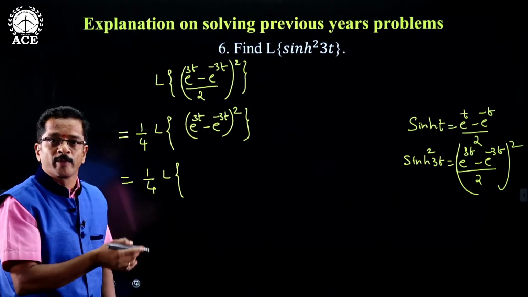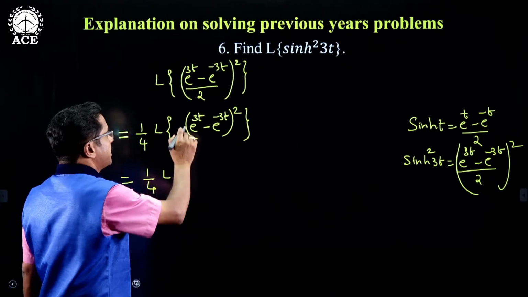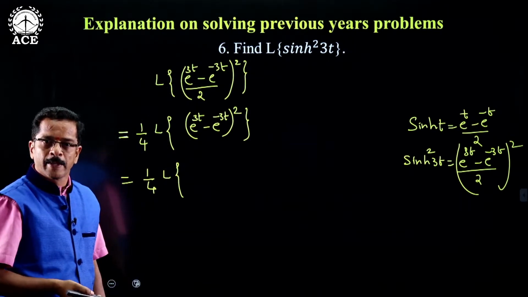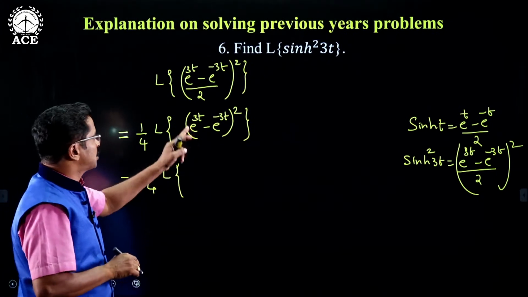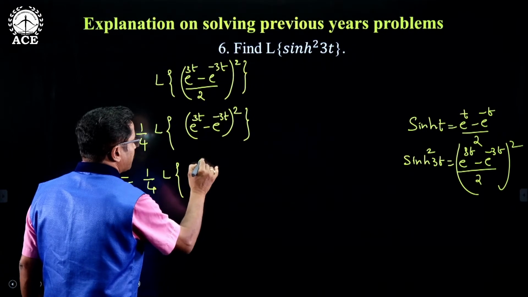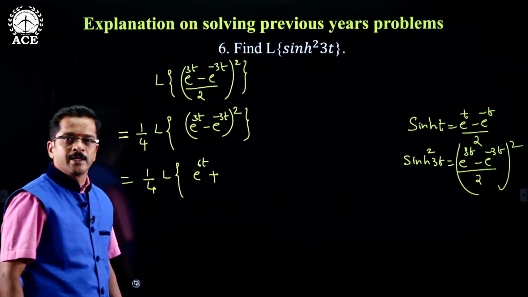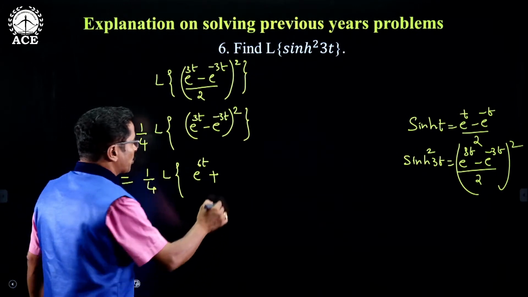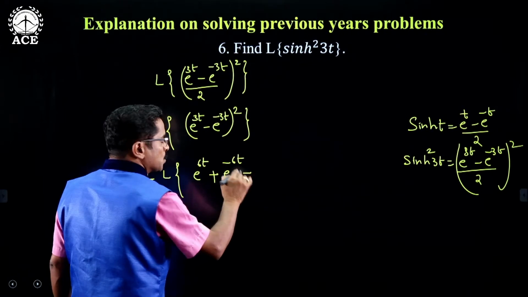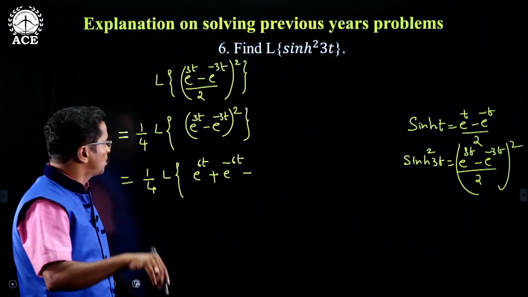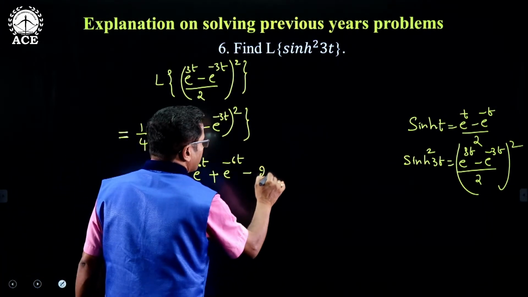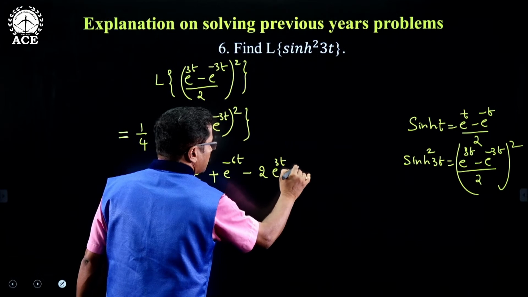That is 1 by 4 into L of e power 3t minus e power minus 3t whole square is e power 3t whole square plus e power minus 3t whole square minus 2ab. a minus b whole square is a square plus b square minus 2ab. So e power 3t whole square means e power 6t, plus e power minus 3t whole square becomes e power minus 6t, minus 2 into e power 3t into e power minus 3t.